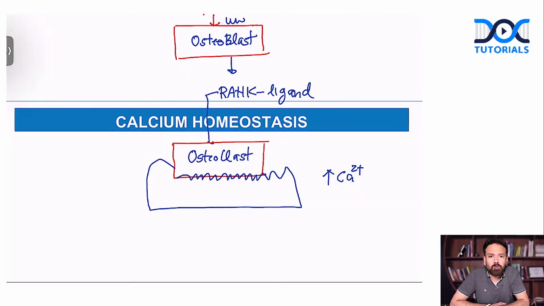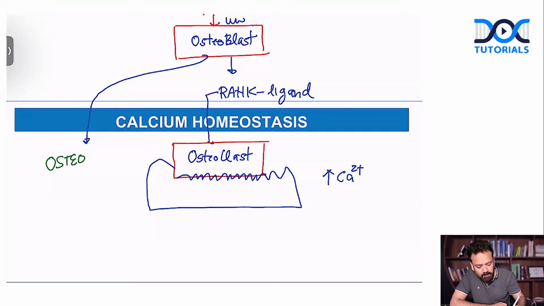Now, you might be thinking that RANK ligand is a villain. It can cause osteoporosis by dissolving the bone. So, how to prevent this naturally? What is the physiological way to prevent this osteoporosis? The osteoblast also releases one very important hormone, and that is called osteoprotegerin.